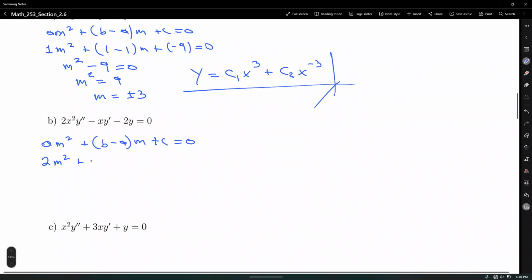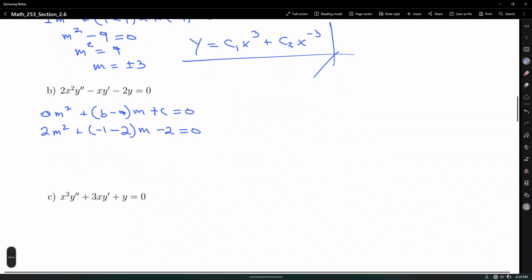So b, which is negative 1, minus 2, minus a, which is 2, m plus c, which is actually minus 2. All right? And let that be equal to 0. Okay. So let's simplify this quadratic polynomial a little bit. So that is 2m squared minus 3m minus 2 equal to 0.